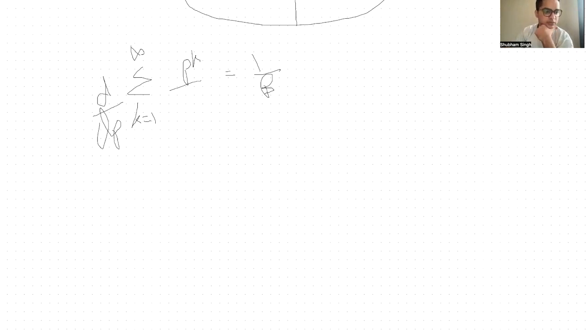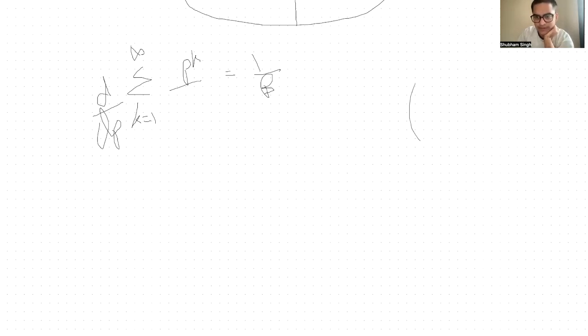Before differentiating, you see that since p is between 0 and 1, we can take the infinite sum of this, which is given by a formula.